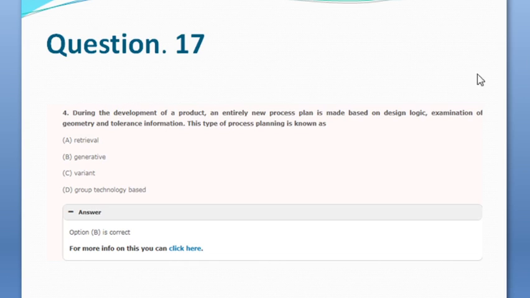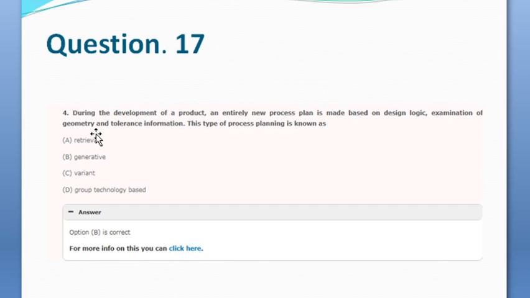Here the question: a new process plan is made based on design logic, examination of geometry, and tolerance information. Here, without using the previous model or previous standard plan, a new model is created based on a design logic algorithm and examination of geometry and tolerance information. It is the generative type of process planning.